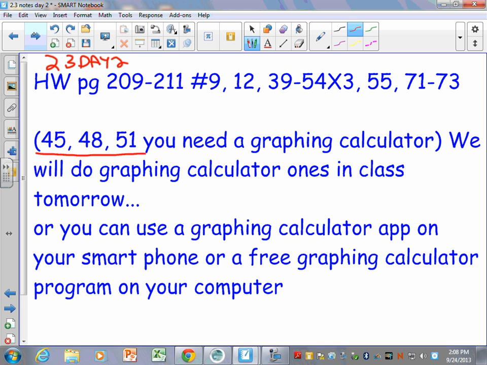But what are the ones that you should be graphing here? Oh yeah, 39 and 42. 39 and 42 are the two that you should be graphing that are just like the ones we did.